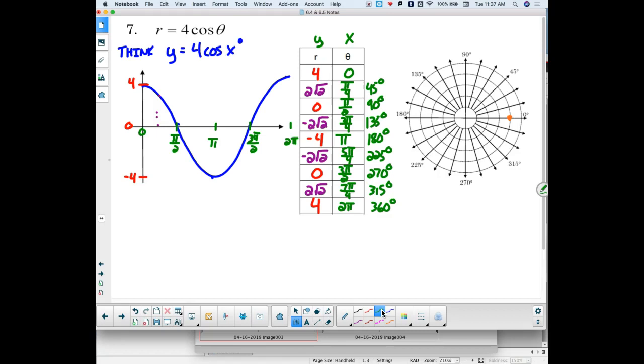How far is that? 2 square roots of 2. 2.8? 2.828? You guys got calculators. Help me out. 2 square roots of 2. 2.8? Approximately? 2.828?